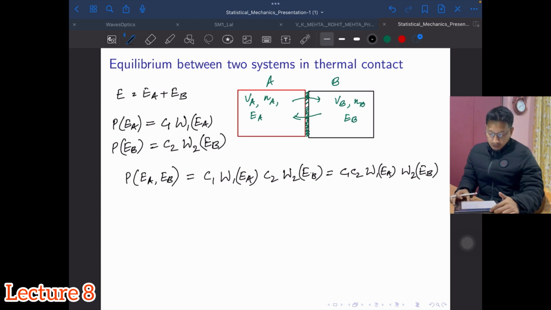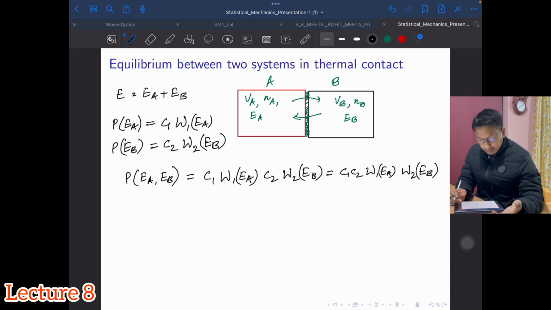Okay, so now since W1 and W2 give you the thermodynamic probability of the systems, it's typically a huge number. So taking the natural log on both sides will be helpful mathematically to analyze.